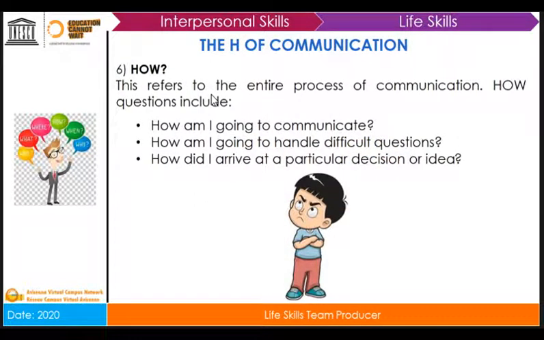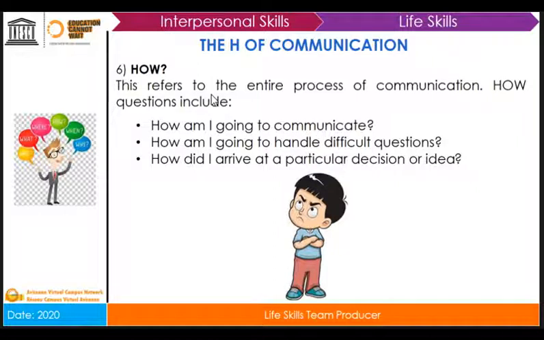Now, after examining the 5 W's of communication, let us now move to the H of communication. H in communication stands for how.